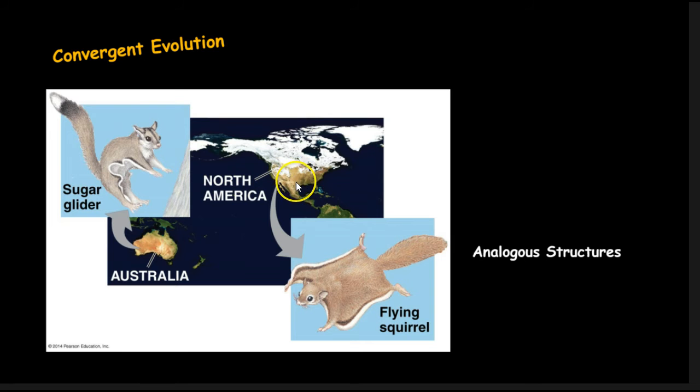It is called a eutherian. It fully develops in the mother's uterus. Now, analogous to the flying squirrel is the sugar glider, which is found in Australia. Very similar environment. However, it is a marsupial, in which it completes its development outside of the mother's uterus. So it has not evolved from a common ancestor.